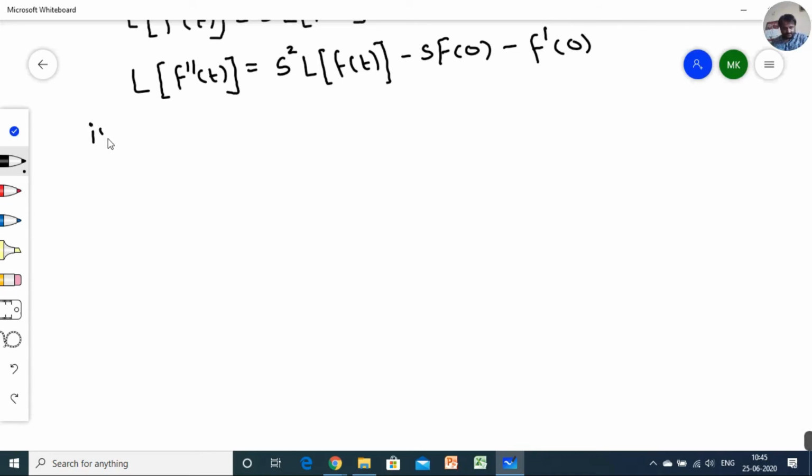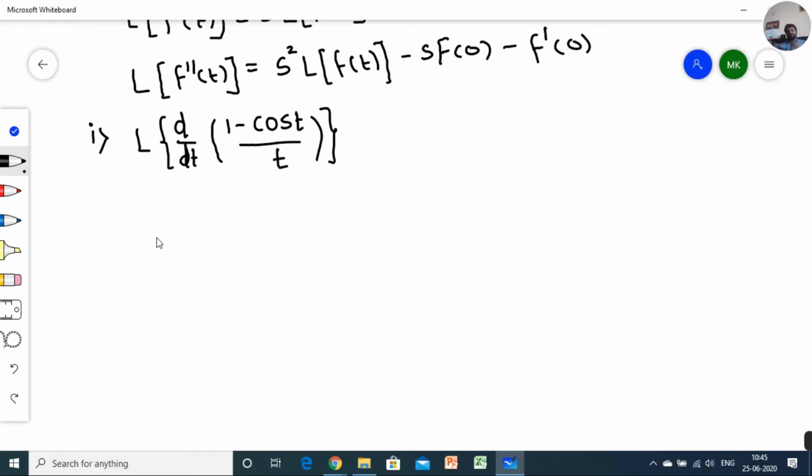The first numerical is we have to calculate Laplace of d by dt of 1 minus cos t by t. So this is our numerical, we have to solve Laplace of d by dt of (1 minus cos t)/t. This symbol represents a derivative, so we have to calculate the Laplace transform of a derivative. एग्जाम में ऐसा नहीं आएगा कि find the Laplace transform of derivative and all.